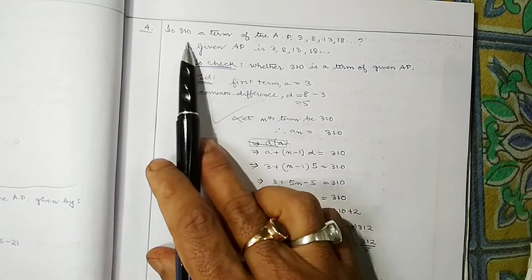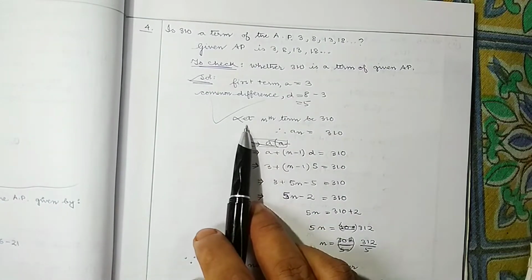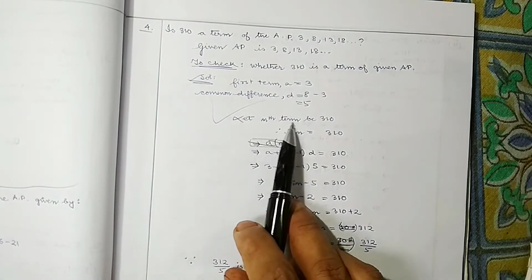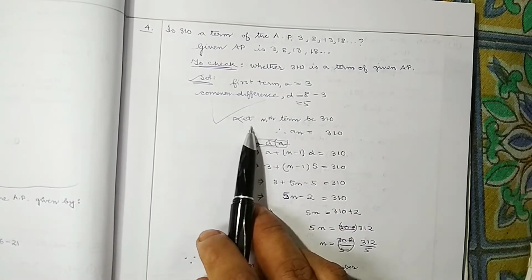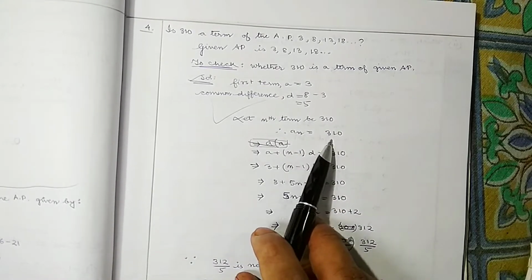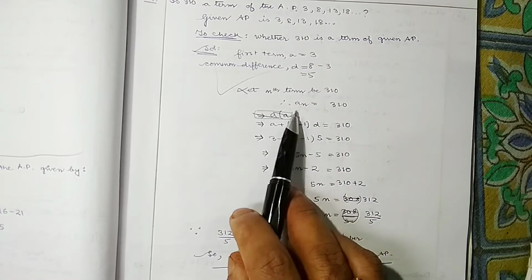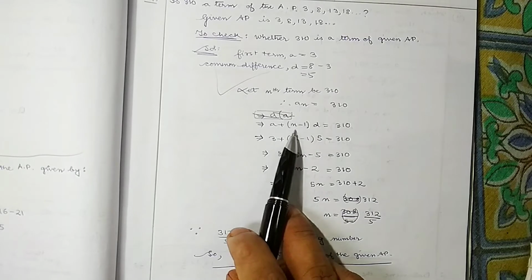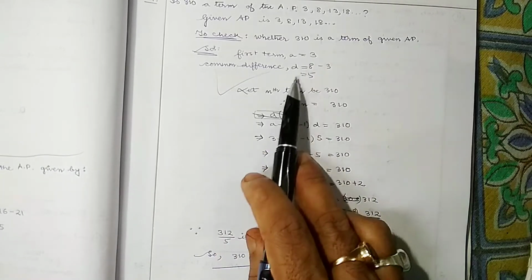Since we don't know whether 310 is a member of this AP, we have to write: let the nth term be 310. Since we don't know, we must write let. Now, if I consider the nth term to be 310, what's the formula? A plus n minus 1 into d is 310. A is 3, d is 5.